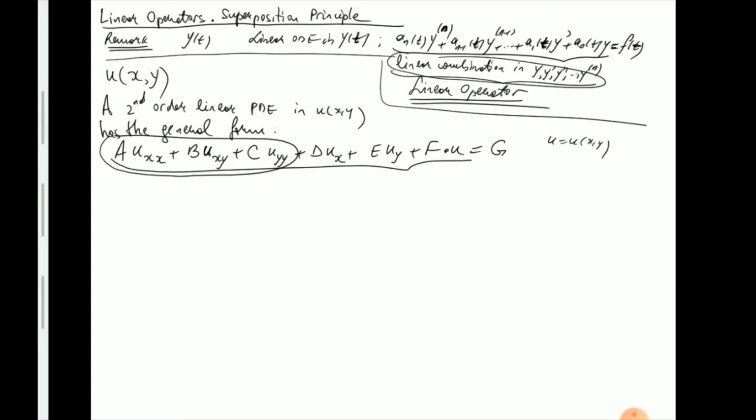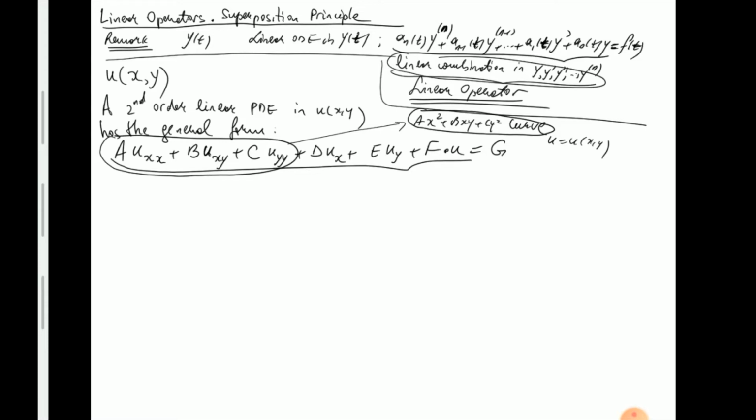And the names of these subclassifications are essentially analogous to geometric objects, by making some sort of comparison between these three terms in the PDE with the curve ax squared plus bxy plus cy squared. So you don't have to bother too much about this because I don't want to get people confused.